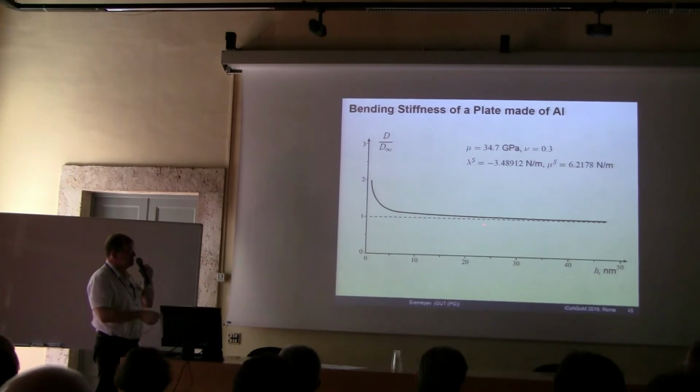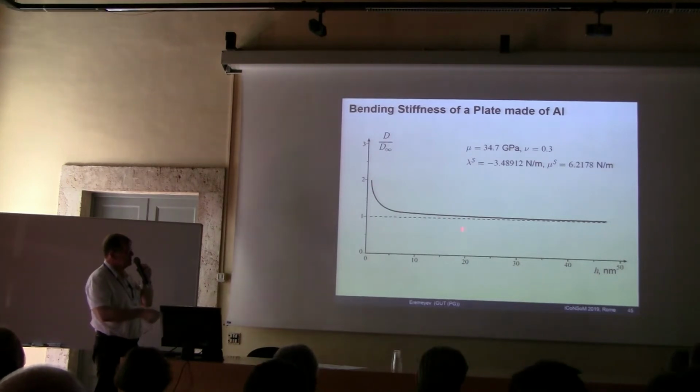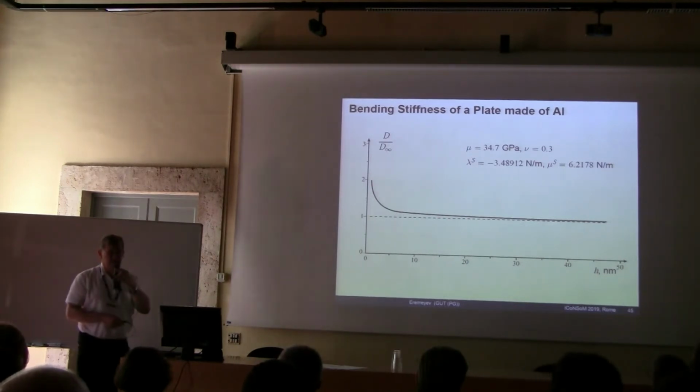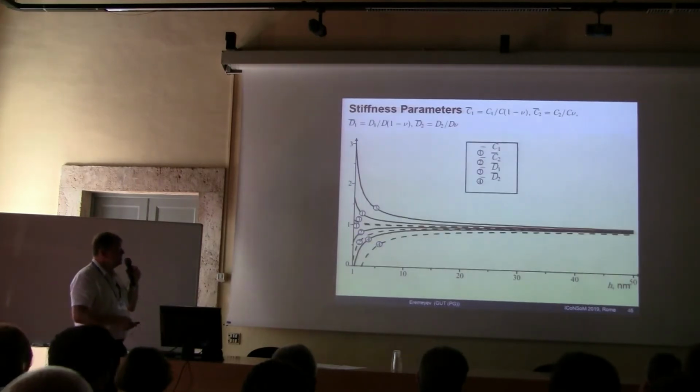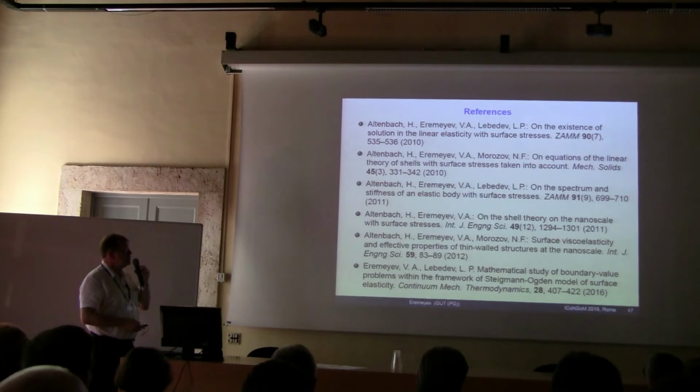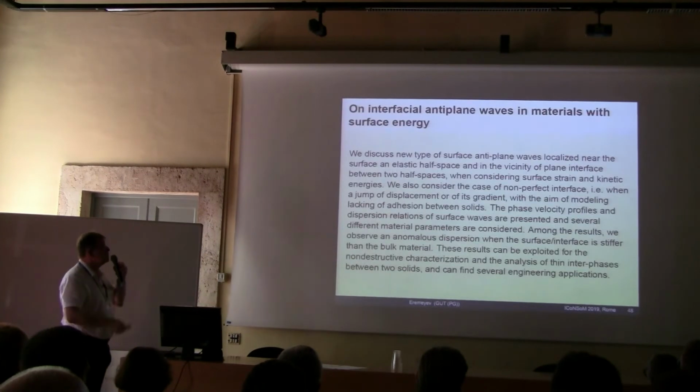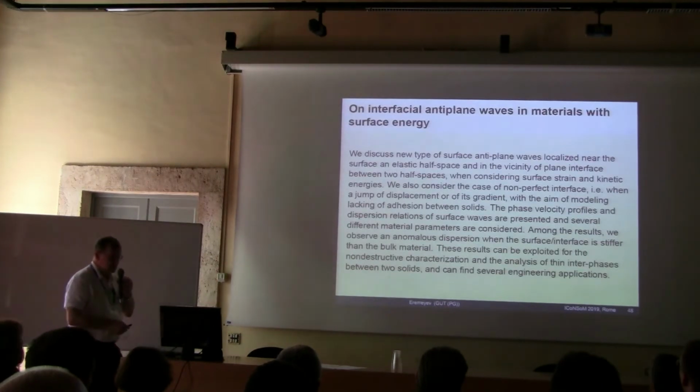You can see a significant difference in bending stiffness when it's quite thin, in general, as it should be. We calculated other stiffness coefficients and some references. We haven't time to discuss it.